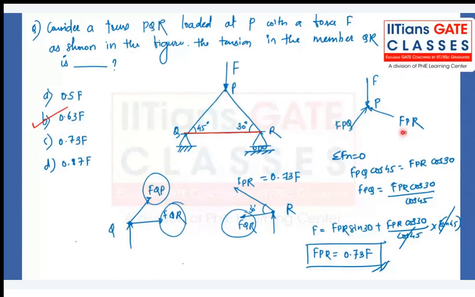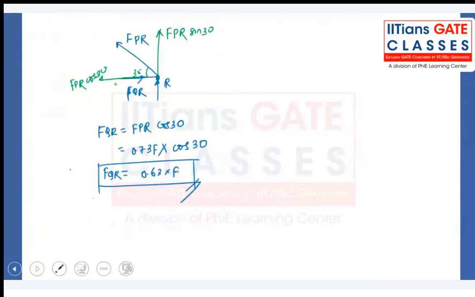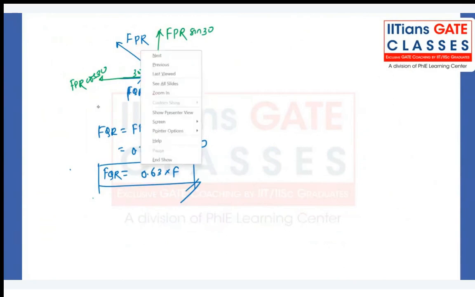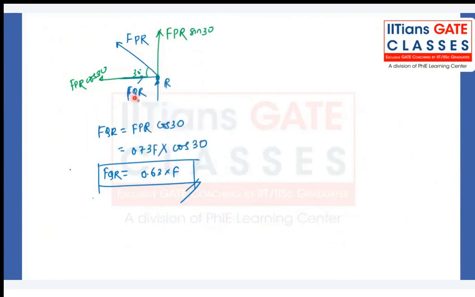And from this, we got the value of F PR, which is 0.73 F. Okay. And then, coming back to the free body diagram of joint R, the cos component of F PR, which we have just calculated, has to be equal to F QR. And that's all we have done. Okay. Any doubt in this question? Is it clear to you?